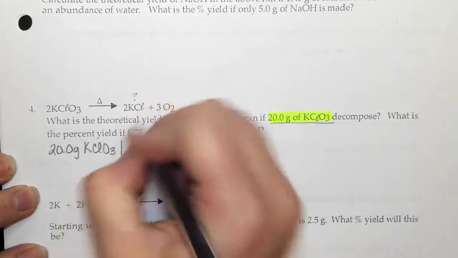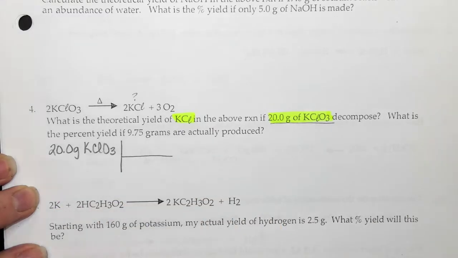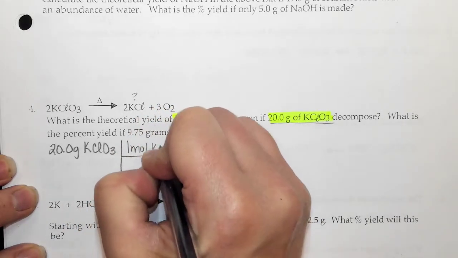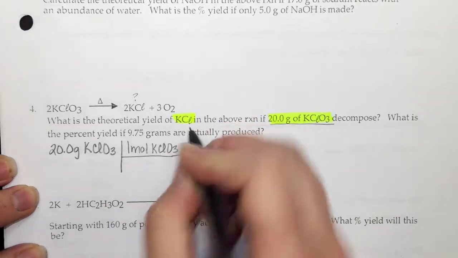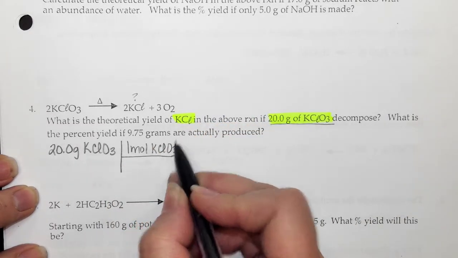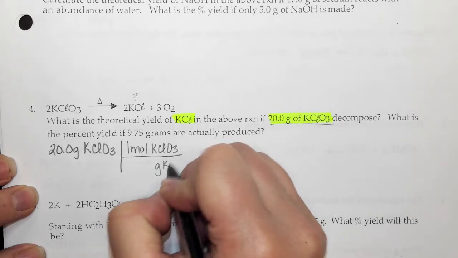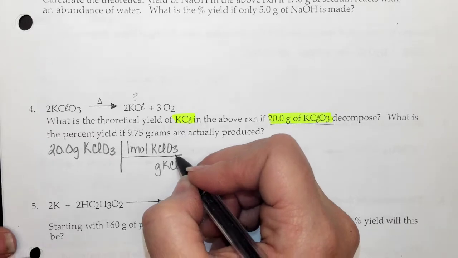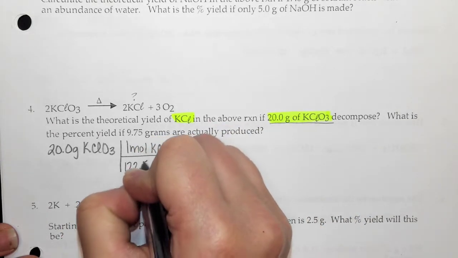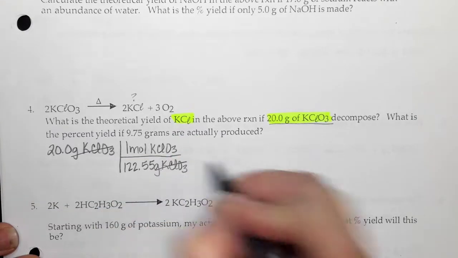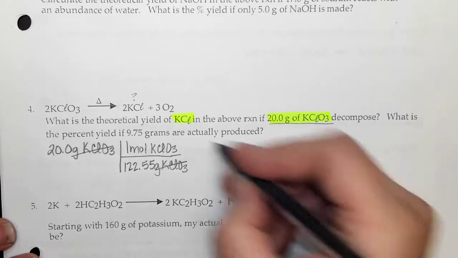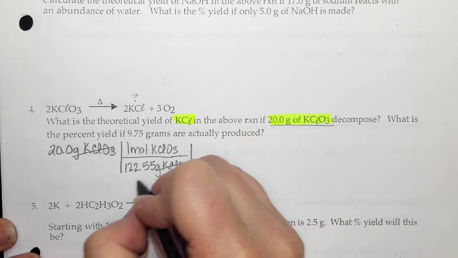Step 1: before I can convert to KCl, I have to convert from grams into moles. 1 mole of KClO3, 1 potassium, 1 chlorine, and 3 oxygens, gives me the molar mass. I already calculated it for you. The molar mass is 122.55 grams. Grams cancels, leaving me in moles of KClO3.